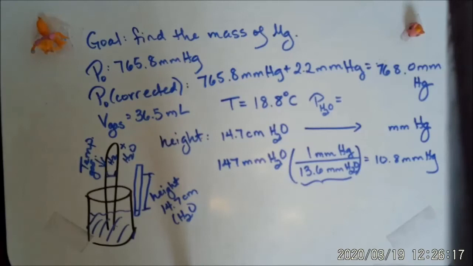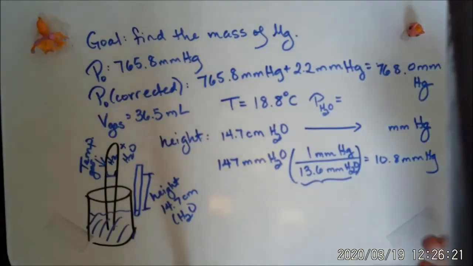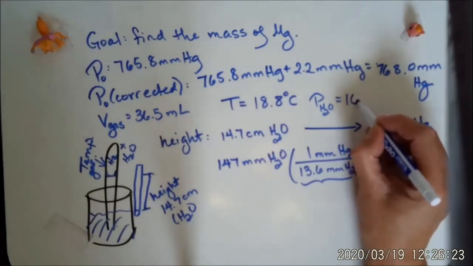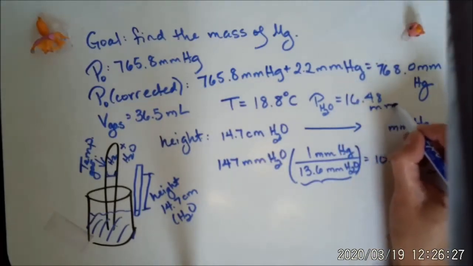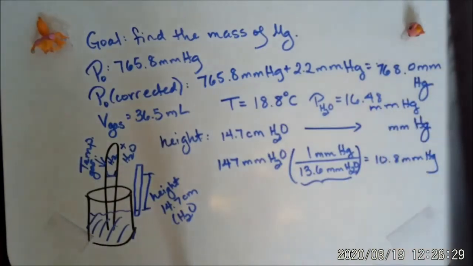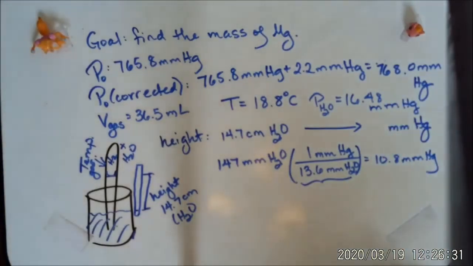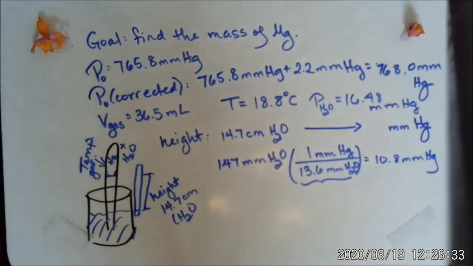In torr, or millimeters of mercury, it's 16.48. Okay, so collecting gases over water, there's a lot of pieces of data you need. So let's go through and see, what are we going to do with all these pieces of data?